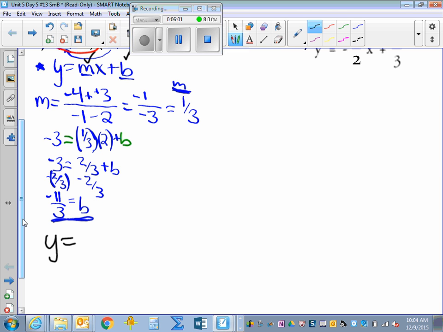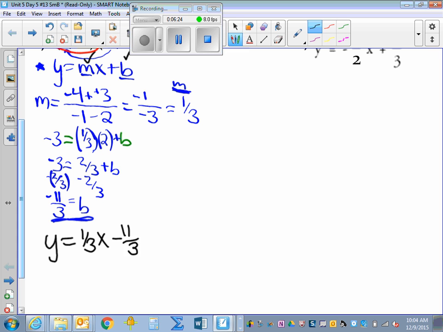Start it off with y equals. Y equals mx, but what's my m? 1/3. Good. 1/3x plus what? What's my b? Plus -11/3. Good.